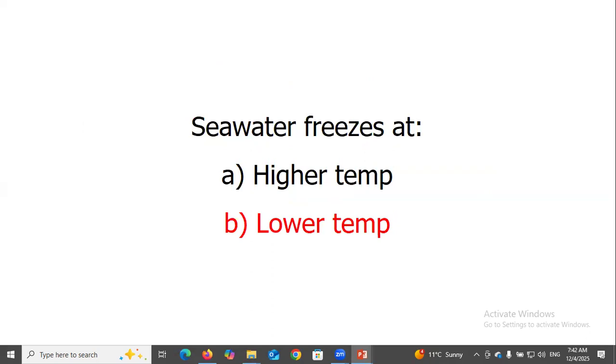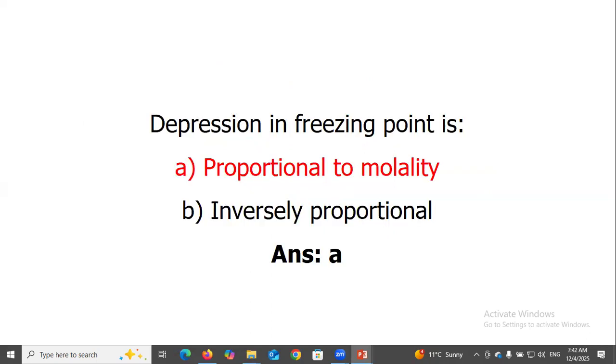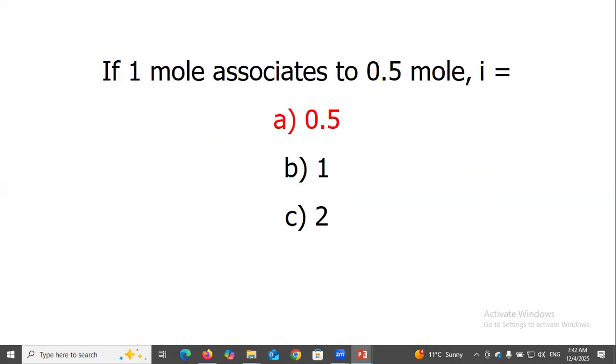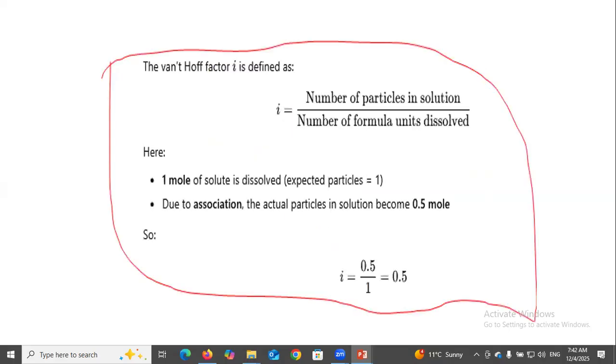Seawater freezes at a lower temperature. Depression in freezing point is proportional to molality. Osmotic pressure is used for molar mass of polymers. 1 mole associating to 0.5 mole, so i equal to 0.5, equal to number of particles in solution over number of formula units.